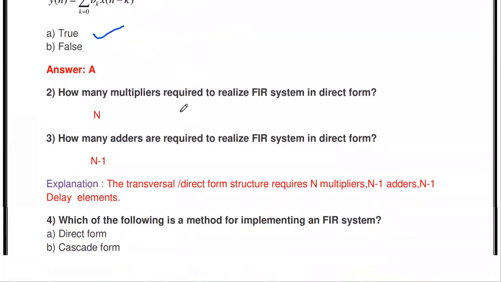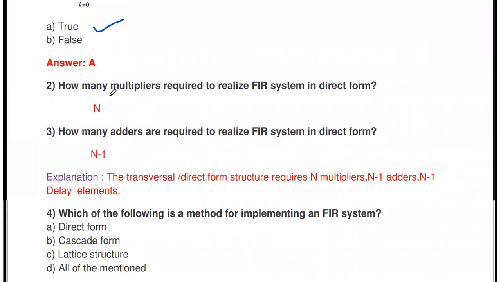Then the next one: how many multipliers are required to realize the FIR system in direct form? If the system has order n, we need n multipliers. This is an important question.